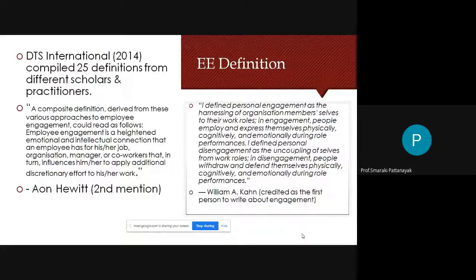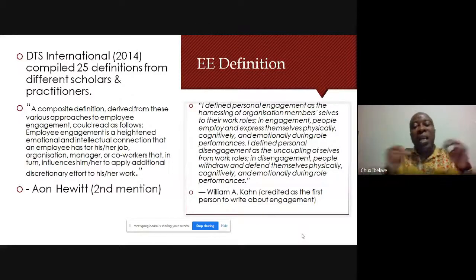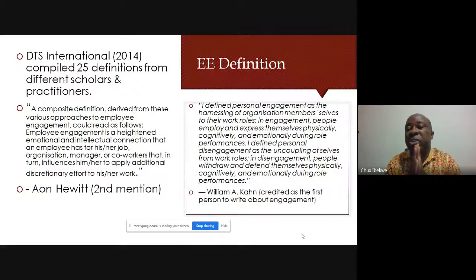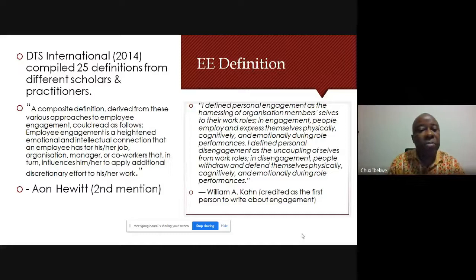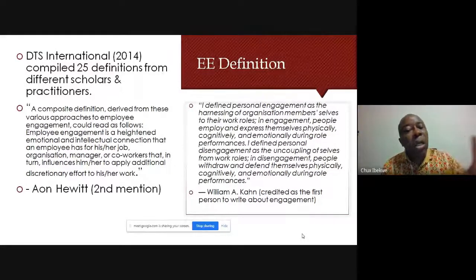Please continue. Okay, so you can see that here I've taken 2 definitions out of the 25 provided by DTS International 2015 that are relevant to what we are discussing today. The first one was given by Hewitt. They say EE, that is employee engagement, is derived from these various approaches.